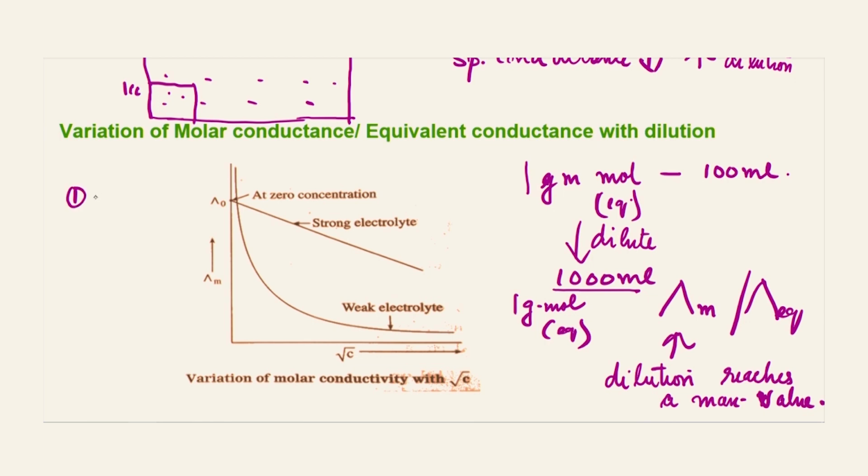So, what are the factors that the variation of conductance with dilution depends on? There are two factors. One is the number of ions, and the second factor is interionic attractions.